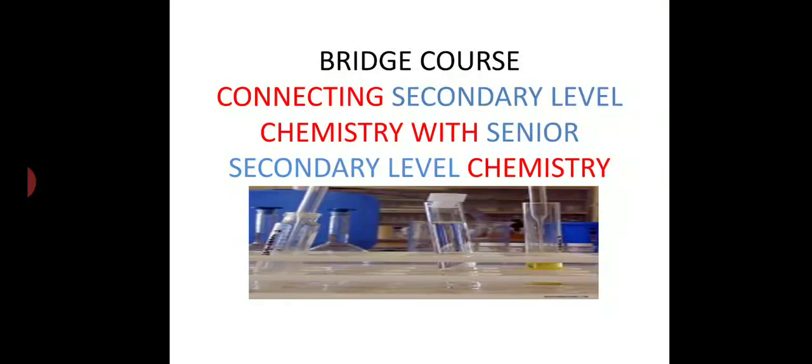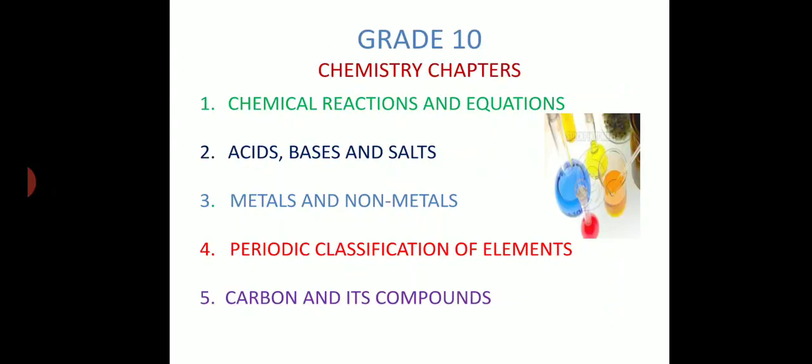Keep it up. Now, what are the chapters in 10th class and what are the concepts involved in 10th class chemistry? We are going to see in detail. Grade 10 chemistry chapters.